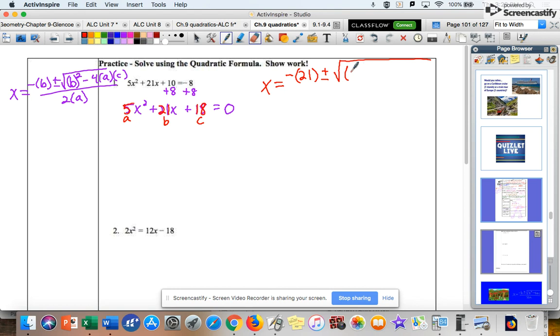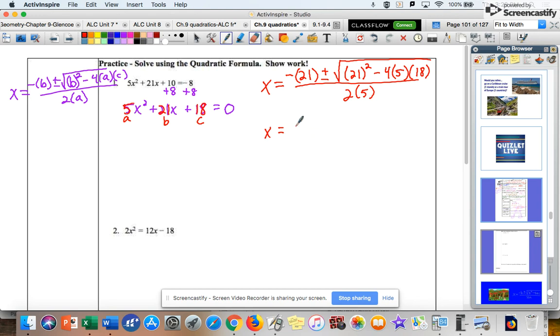So that would be 21 squared minus 4 times the a value of 5 times the c value of 18 all over 2 times the a value of 5. Okay, so it looks pretty ugly at the start, but remember, we're going to start simplifying this pretty quickly.